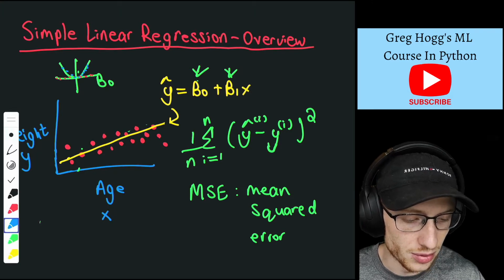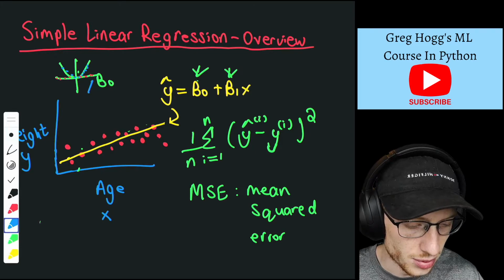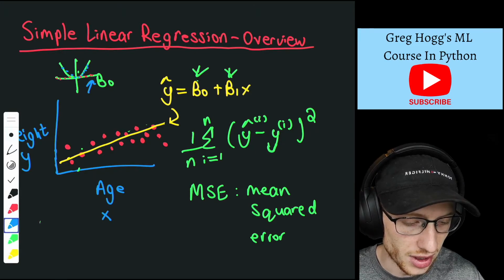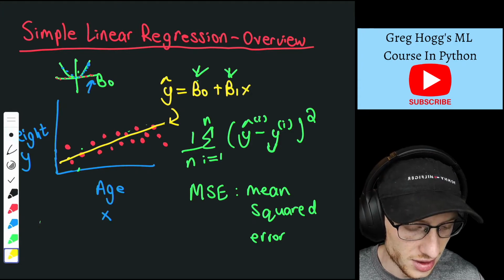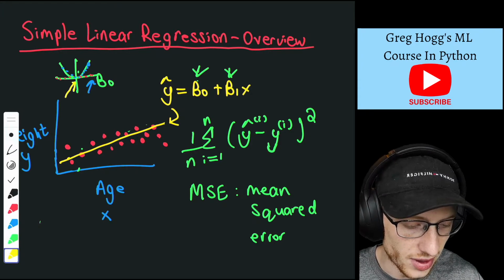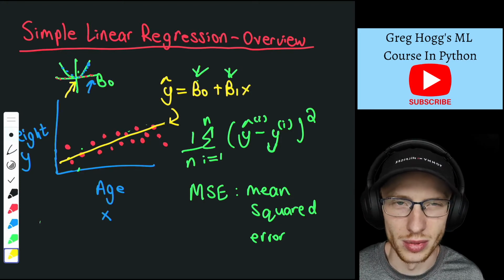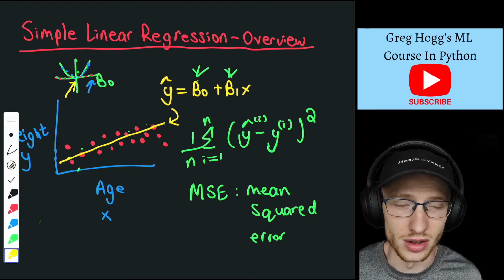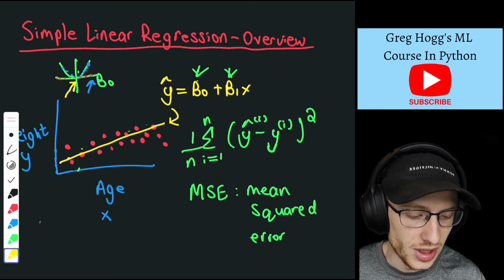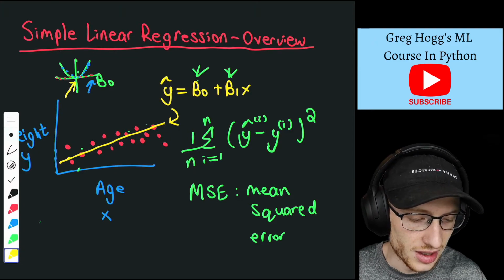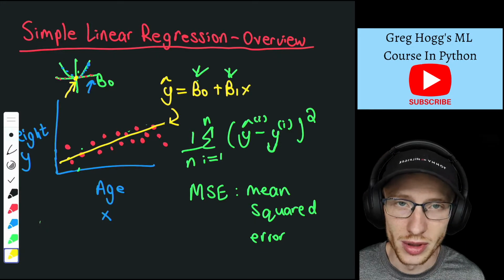So if we had one value of beta naught, which was this, then maybe the mean squared error was this, which is bigger than it is with, say, this value of beta naught. If we picked this value of beta naught, which happens to be 0, it's probably not the right choice for every single model or every single piece of data. But the point is that we need to try and find the beta naught that gets this thing to this minimum.